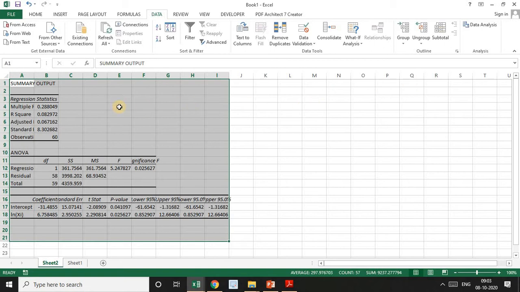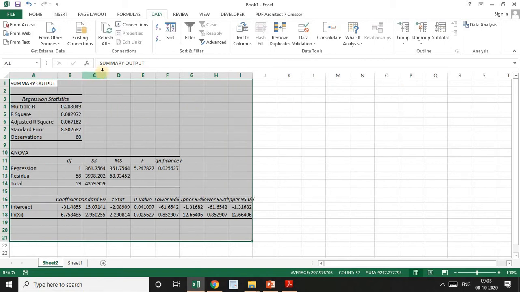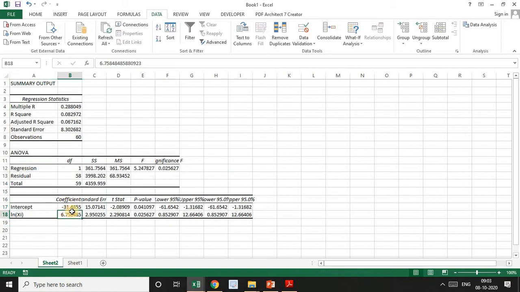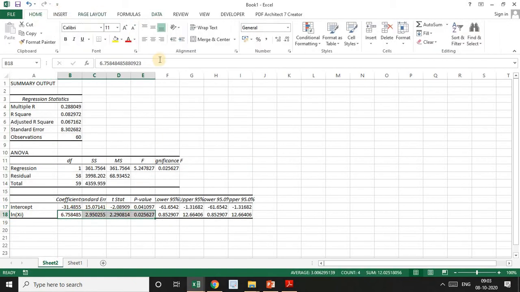Now you look at this coefficient, whether it is significant or not. How can we say it is significant? Look at the t value. If the t value is greater than plus or minus 1.96, it means the t statistic is significant at the 95% level of confidence or 5% level of significance. Okay, it is 2.29.